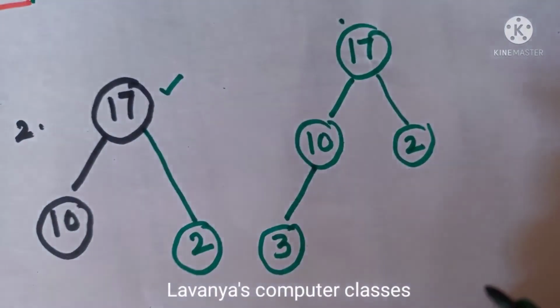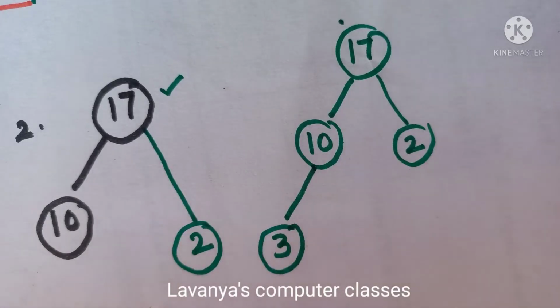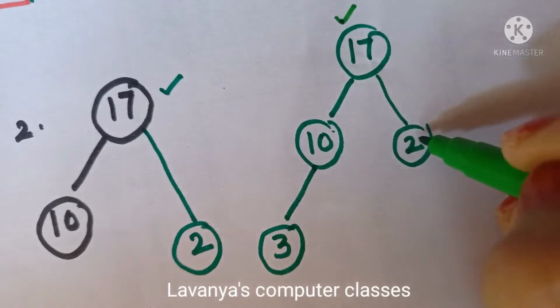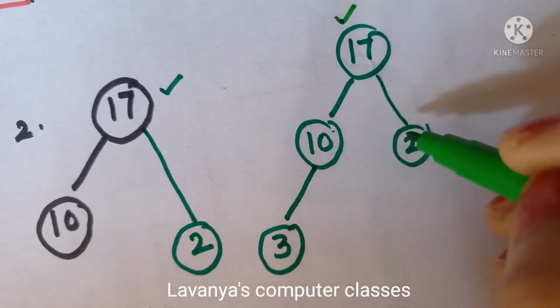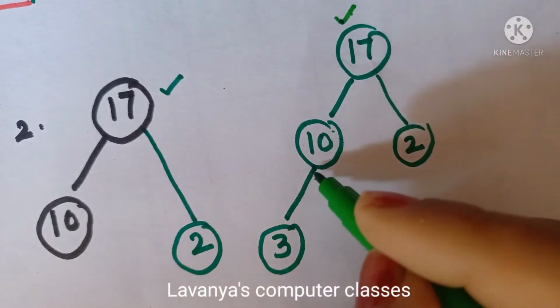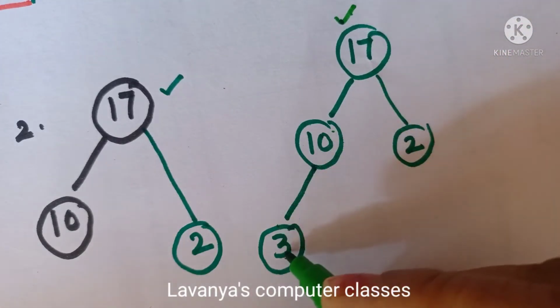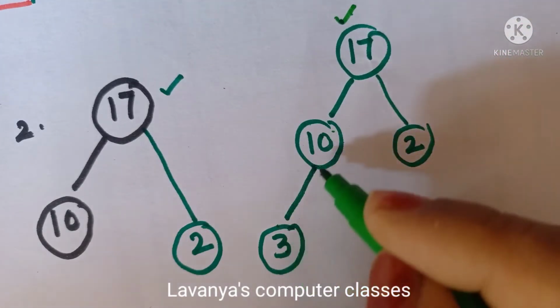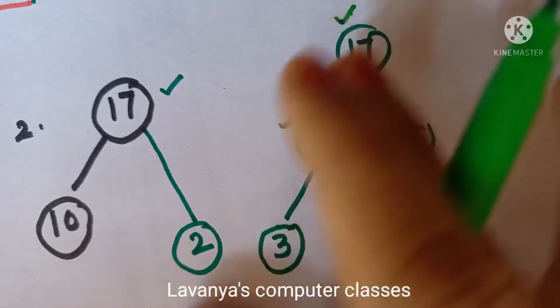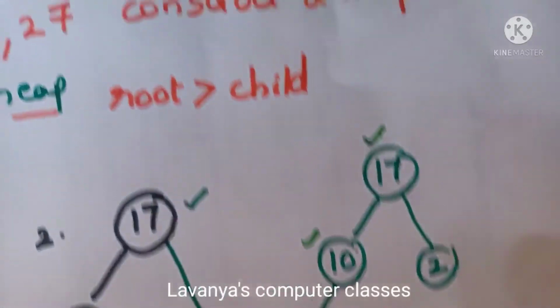After inserting the new node, we check again whether it satisfies the max heap. 17 is the root node with two children, 10 and 2. Both children are smaller than the root, so it is a max heap. Then in the left subtree, the child is 3 and its parent is 10. 10 is more than 3, so all satisfy the max heap property.